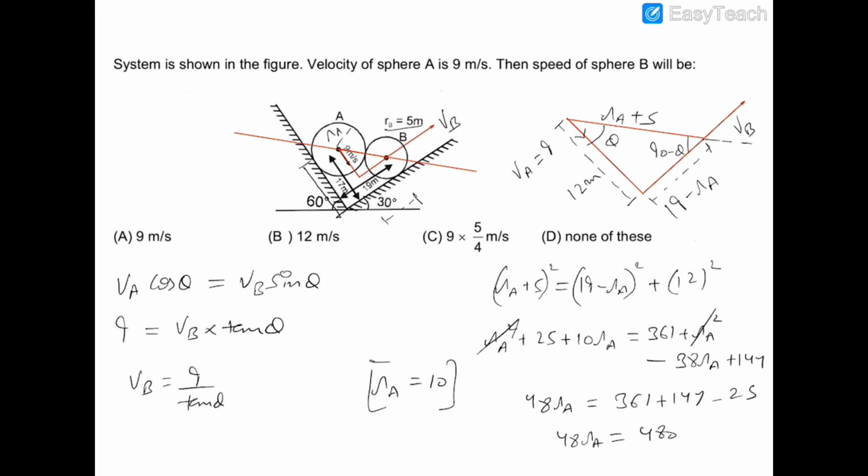Now tan theta is perpendicular upon base. The perpendicular is 19 minus RA, and RA is 10, so it is 9, and the base is 12, so tan theta is 9 upon 12, which is 3 upon 4. And 9 upon 3 upon 4, VB will come out to be 12 meters per second. So the correct answer will be option number B.